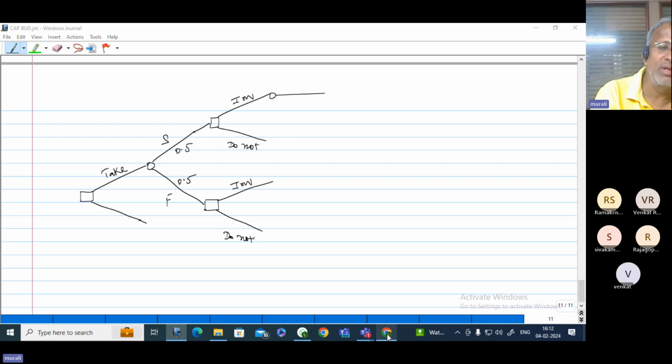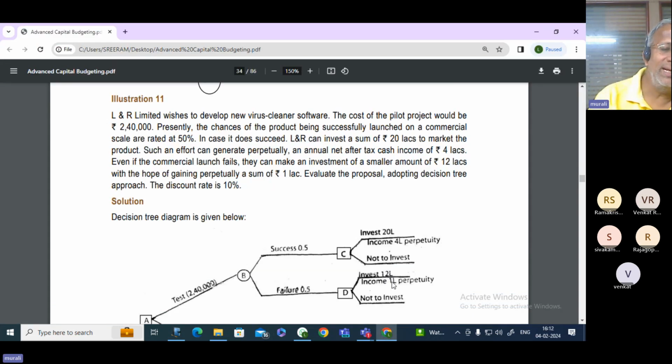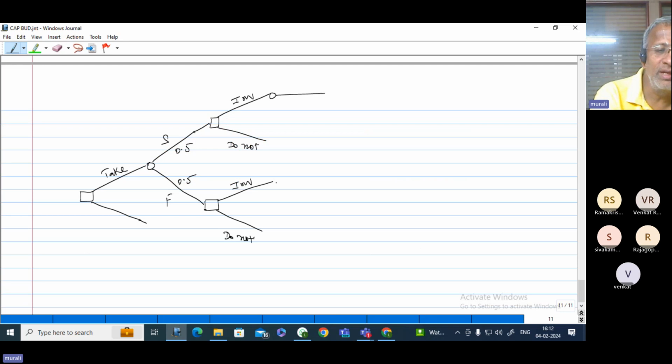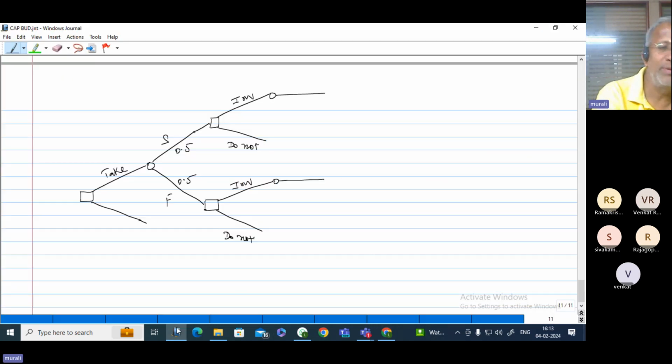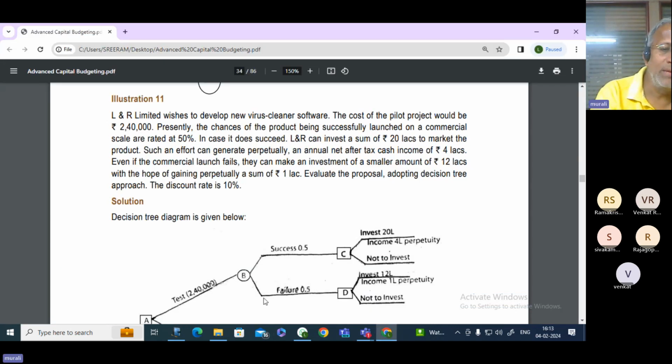There is only one cash flow they are talking about. I told you at the very initial stage that there could be a minimum of two, but sometimes they tell that there is only one possibility. Therefore, it is 100 percent, and it is 4 lakhs perpetual and 1 lakh perpetual.